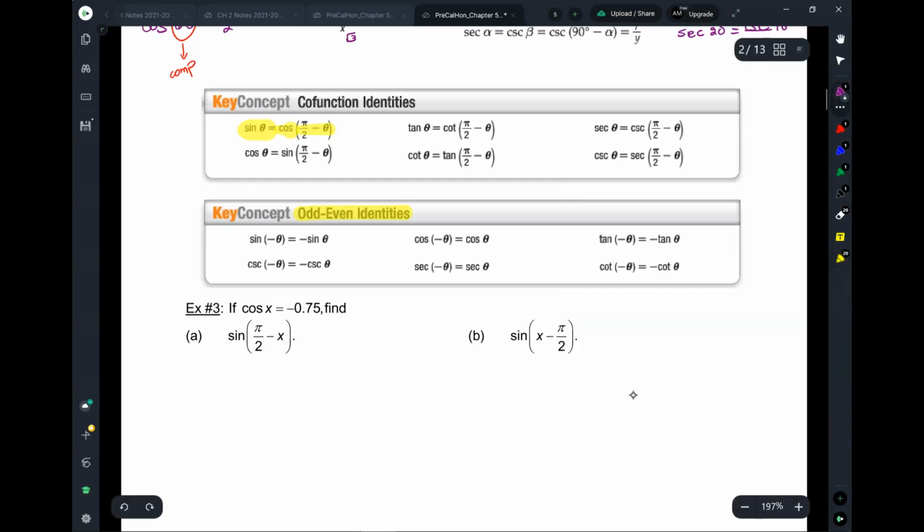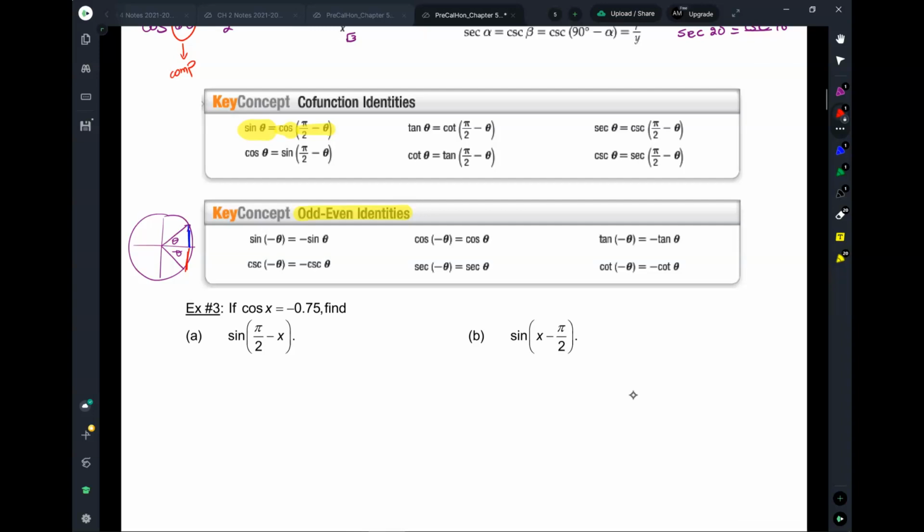Do you remember how I kept asking you guys about, you have an angle theta and you have an angle negative theta, okay? This is the sine of theta. This is the sine of negative theta. What happens when we switch between an angle and its opposite angle?